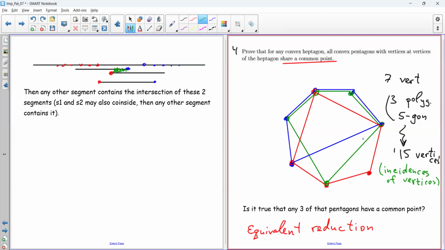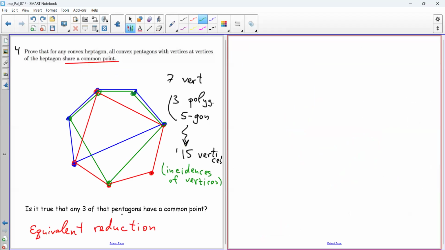That means that all of them have a common point. That's it. This is very symptomatic. Helly's theorem allows this equivalent reduction in many situations, or at least it may be related to equivalent reduction.